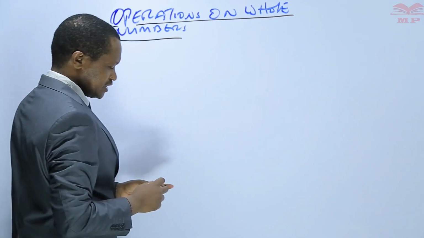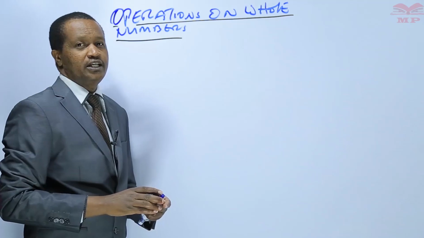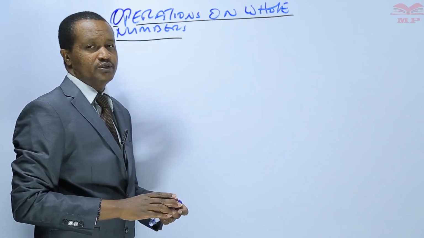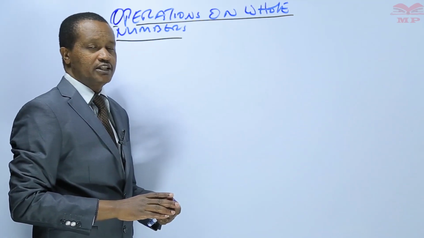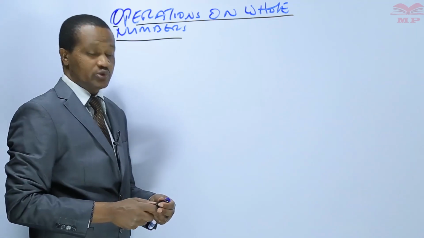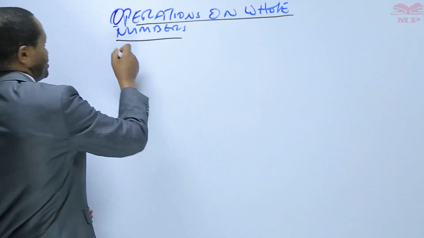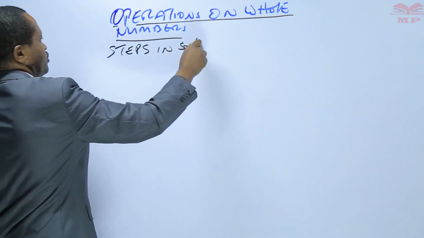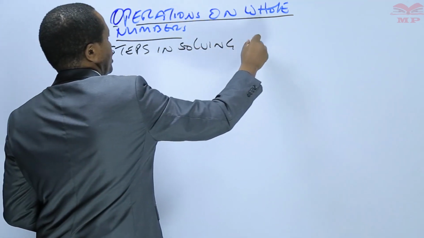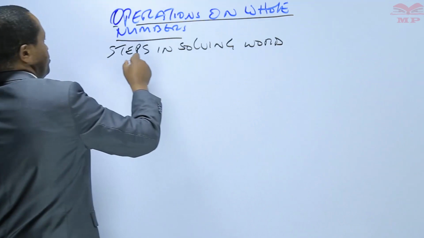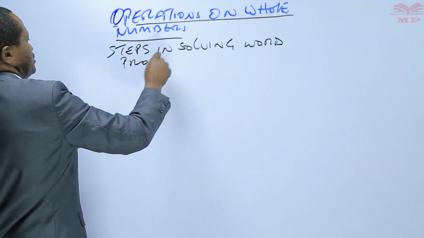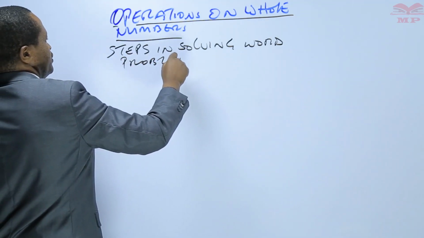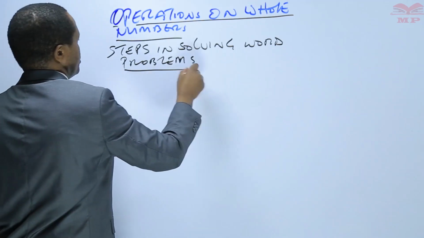In our previous studies we learned that in solving word problems there are three very important steps that you need to consider. These are the steps in solving word problems.